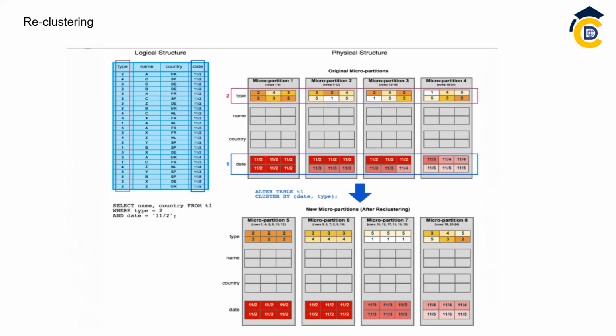Yes, Abdul, but if you are doing partition based on the date and type, micro partition 6 should have only 3 in the type, and the date has 11/2. That's fine. Why do we have 4 also? That should be moved to a different partition, right? No, this is because of the size. If it is having space till 50 to 500 MB, it will not let it go to waste.